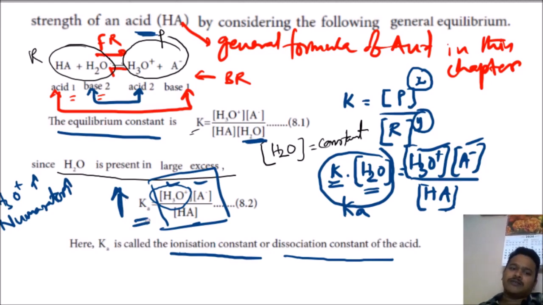Here you see Ka is dimensionless. Dimensionless means the numerator has molarity as the unit and the denominator also has molarity as the unit, so they cancel. Like that, they say it is a dimensionless quantity.